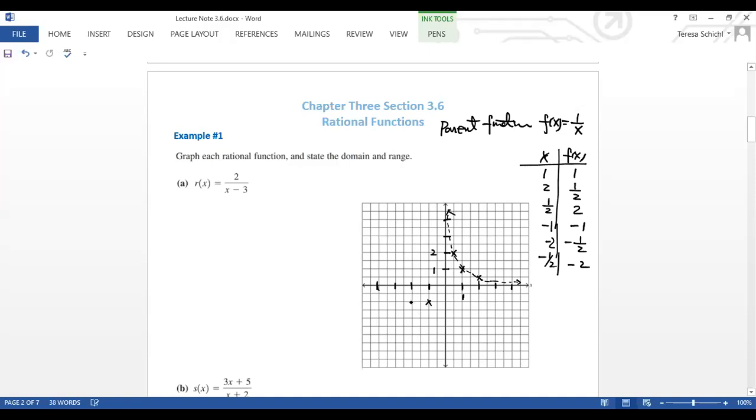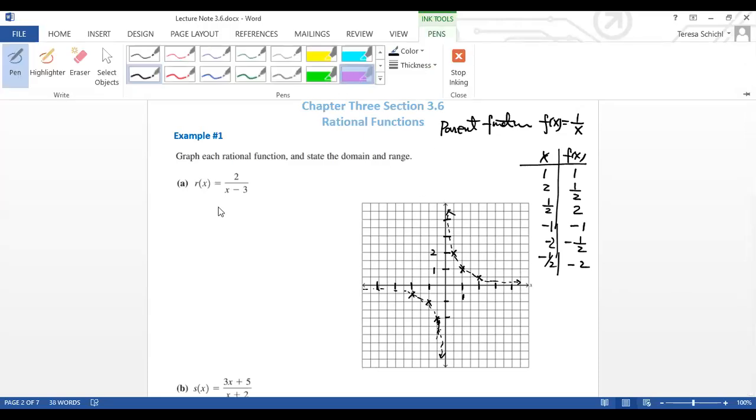Then at -2, I have -1/2, and at -1/2, I have -2. In the same way, these keep getting closer and closer. This is my parent function for the rational. I use the dotted line because it's not my final graph yet.